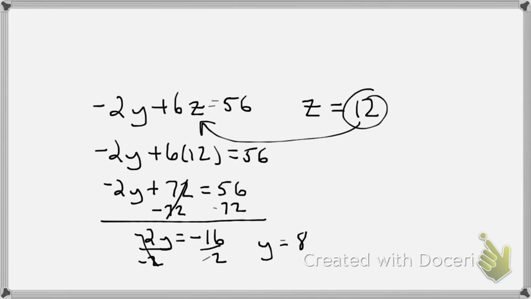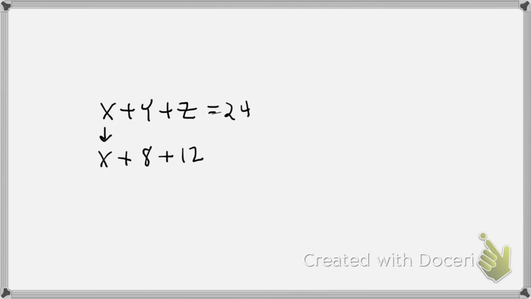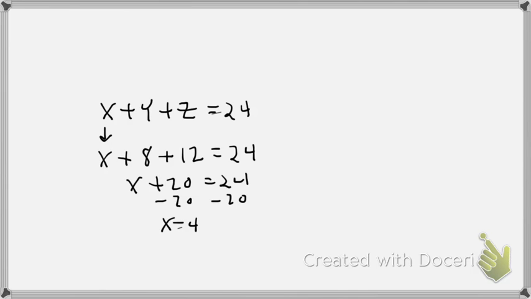Remember it was x plus y plus z equal to 24. I don't know what x is, but I just figured out y is 8, and I know z was 12, so x plus 20 equals 24. If I subtract 20, I know x has to be 4.